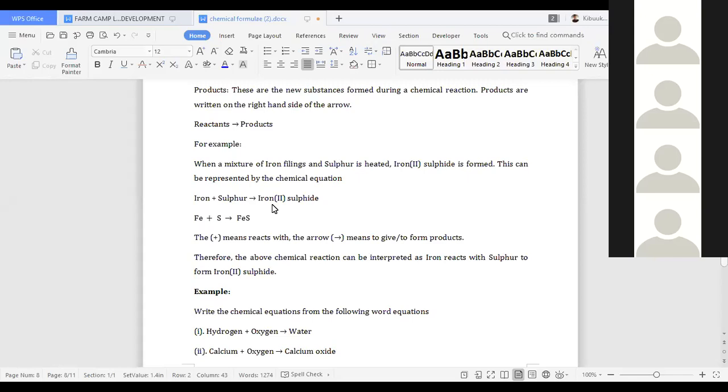In this case, we form iron 2 sulfide. The reason being, this 2 here is giving us, you're not hearing me.